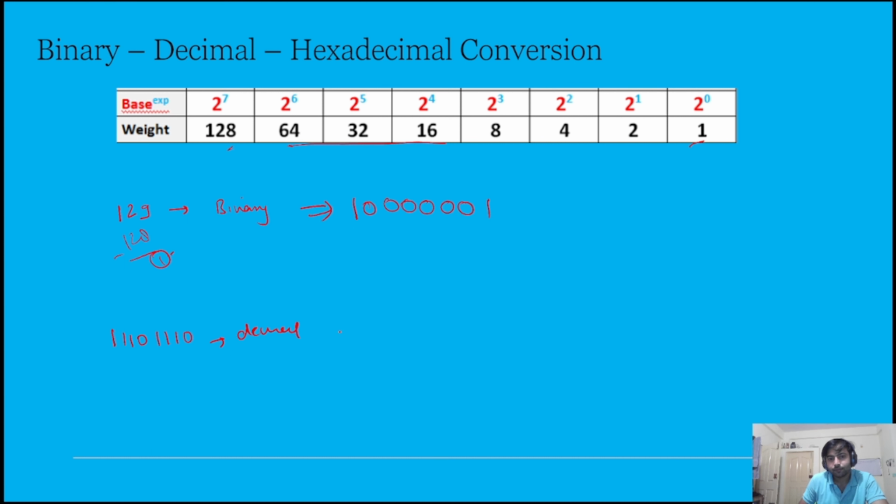It will be this. For this, this is one, right? And this is 1, 2, 4, 8, 16. 16 plus 1, 17. 255 minus 17 will be your 238. 238 is in decimal, and this is in binary. So I hope conversion of binary to decimal and decimal to binary is clear.